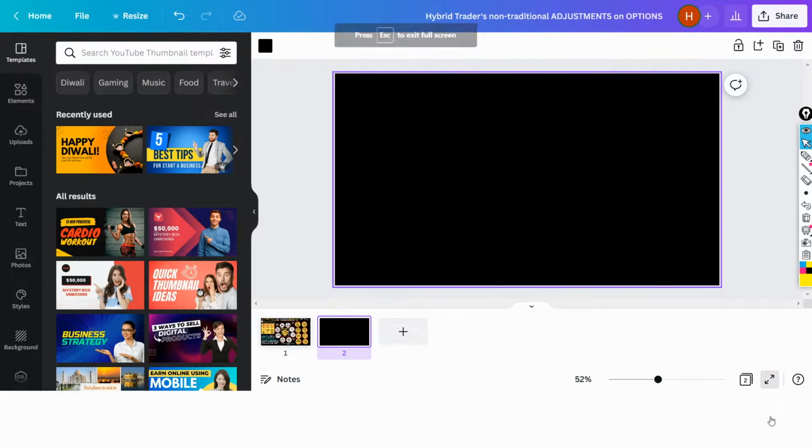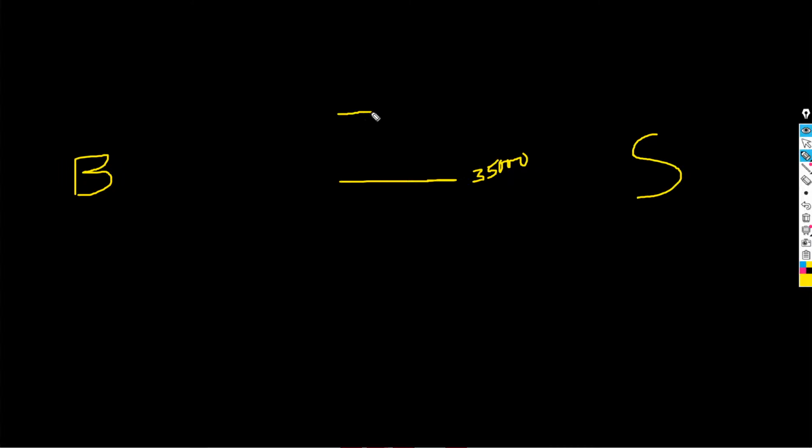Let's say we have a buyer and a seller, and the current market price, the CMP, is 35,000. You are bullish about the market, so you will go to some OTM strike.